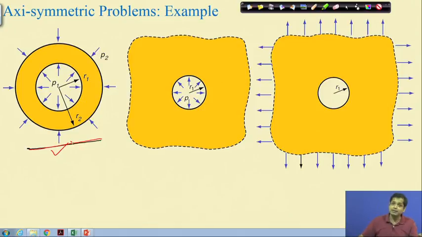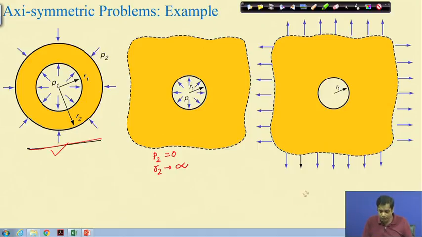You see, one extreme case we have seen, that the thin wall pressure vessel can be considered as a special case of this problem. This also can be considered as a special case of this problem, and in order to use the solution of this problem, what we have to do is use P2 equal to 0, and R2 tends to infinity if this is infinite, isn't it? Now, we can get a solution for this problem as well.